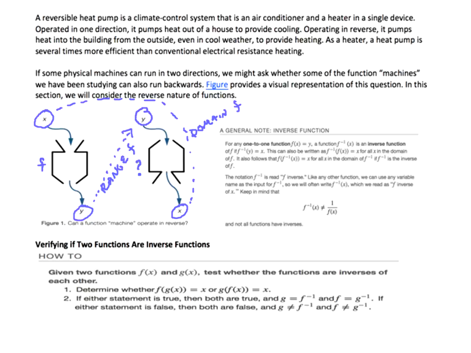And so if you look at that general note out to the right-hand side, it says for any one-to-one function, f of x equals y, a function, okay, that says f, and it looks like it's raised to the negative first power. That is not a power. That is a notation of the inverse function. So the inverse function of f, note here, you plug the y values in from your original function and you get out the x values from your original function.